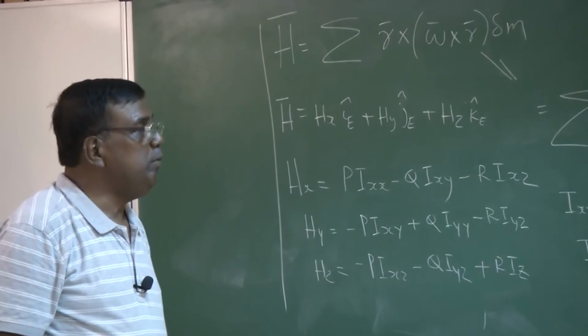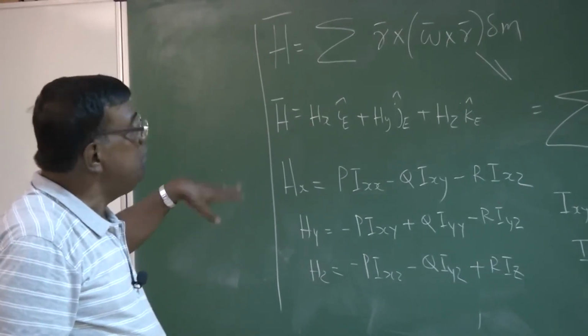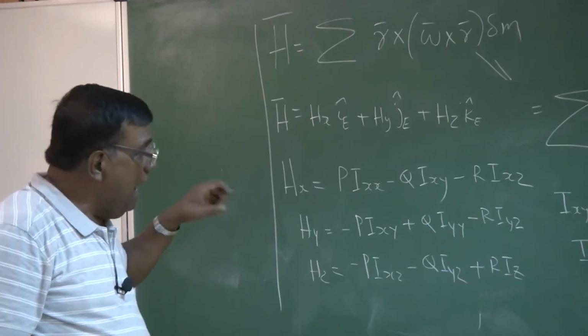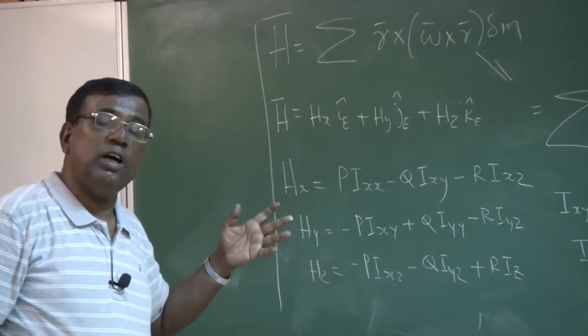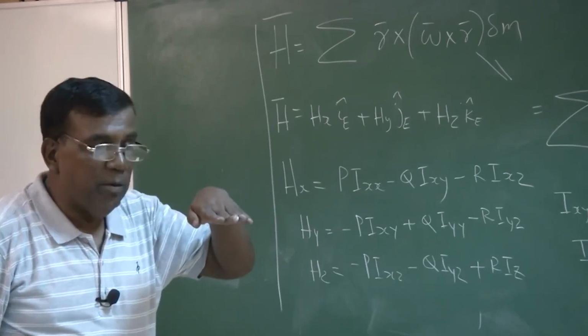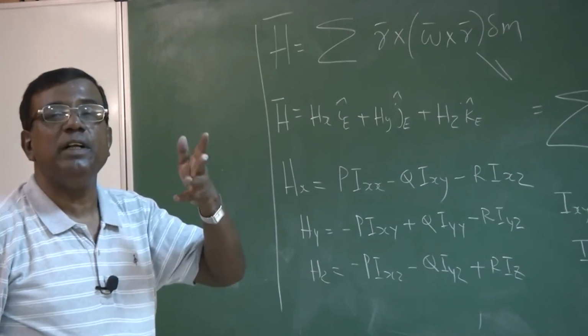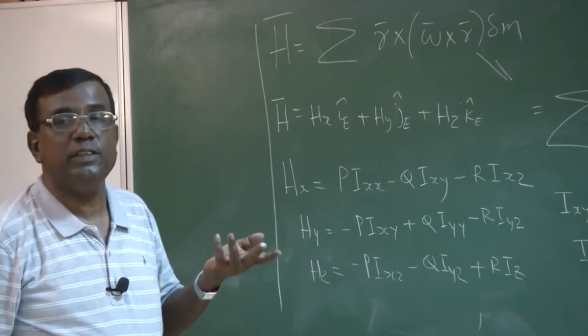That will make things complicated. So we will try to see what we should do so that we can use the body frame, so that even if the body rotates, the moment of inertia will not change because the axes also change.